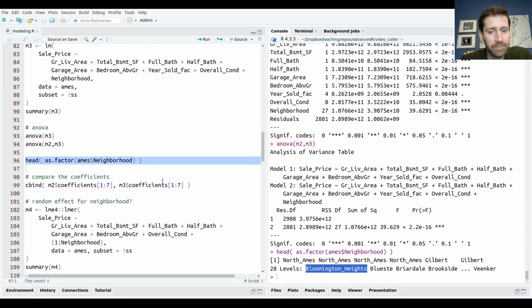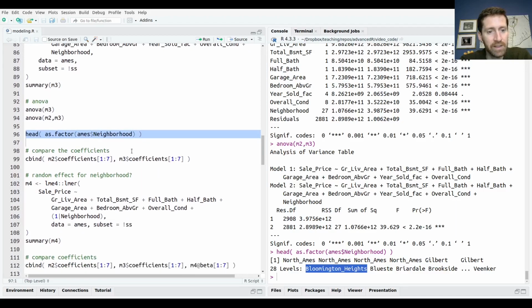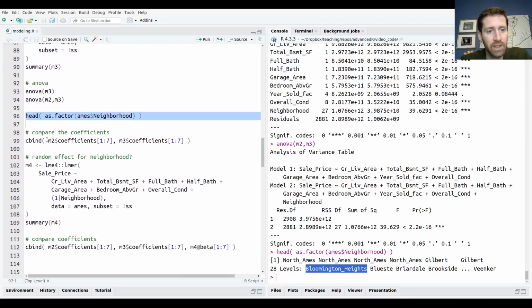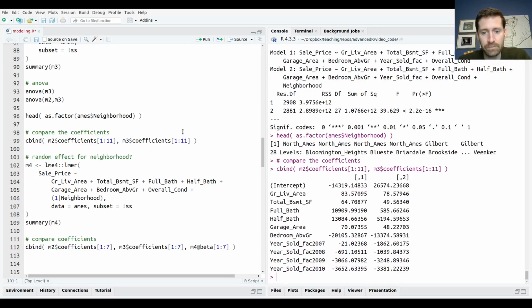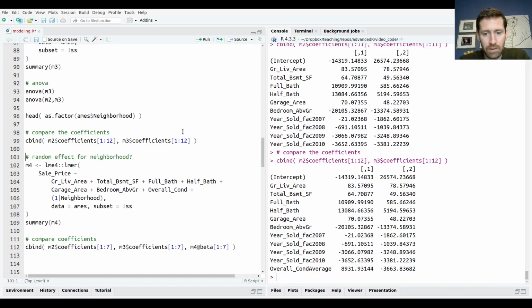Okay. Another thing I want to look at is a comparison of the coefficients of the model with neighborhood and without neighborhood. And I think I need to change this to 11 since I added years sold. Am I missing one? Oh, okay.